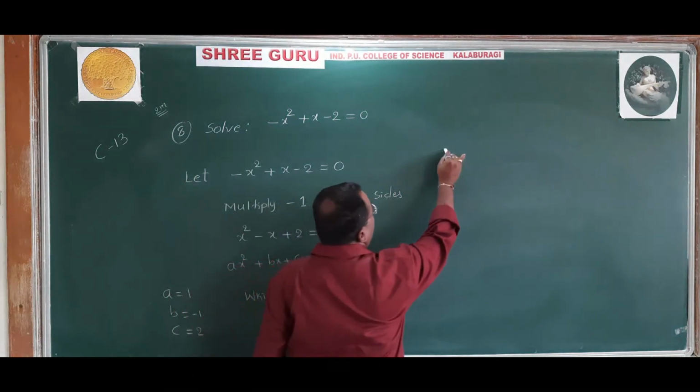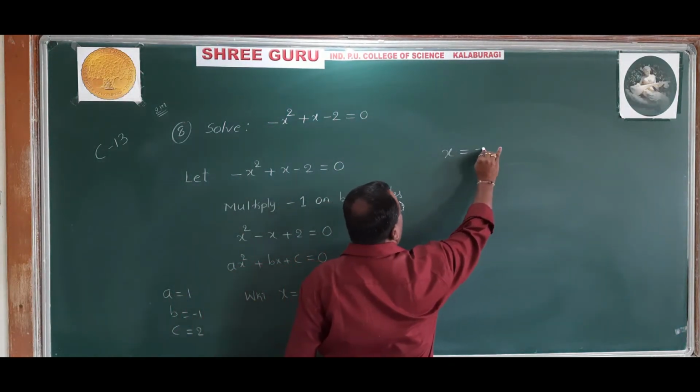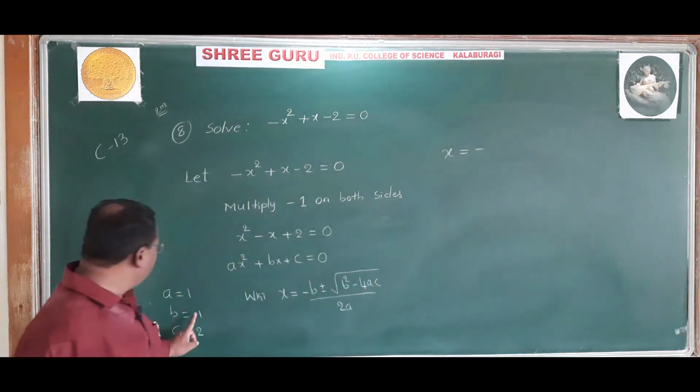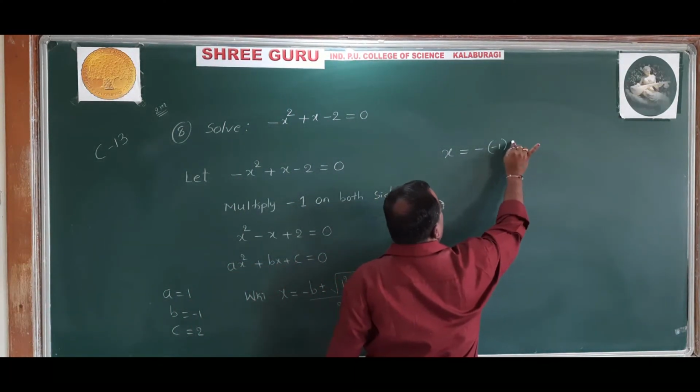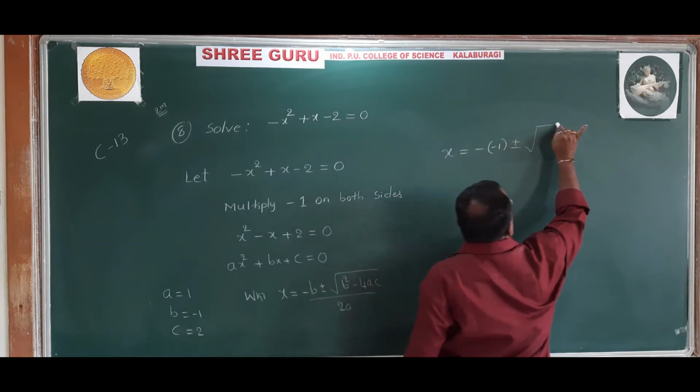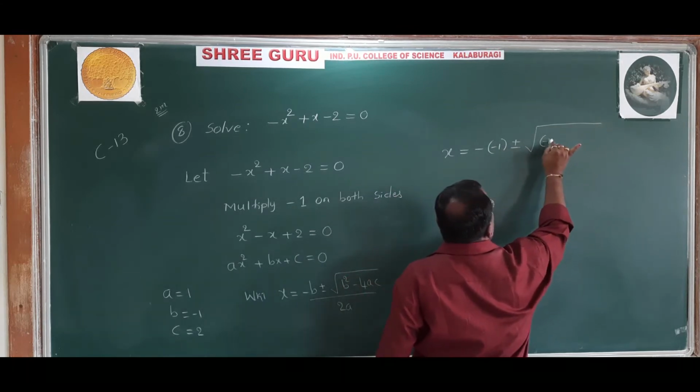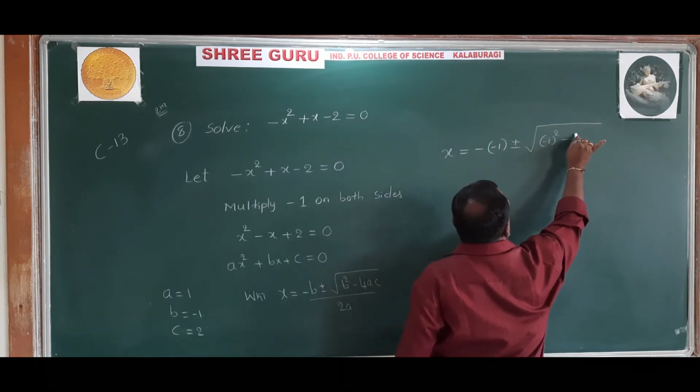That is x is equal to minus b value. The b value is minus 1, plus or minus square root of b square, minus 1 whole square, minus 4.